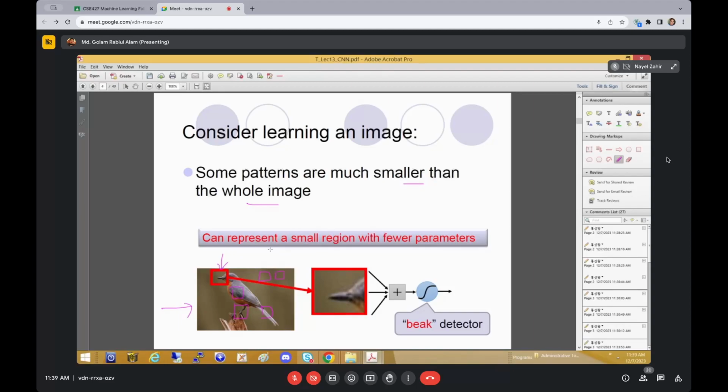If we can find those, then the size of our learning model will be smaller, and we can have a much smaller number of parameters also.